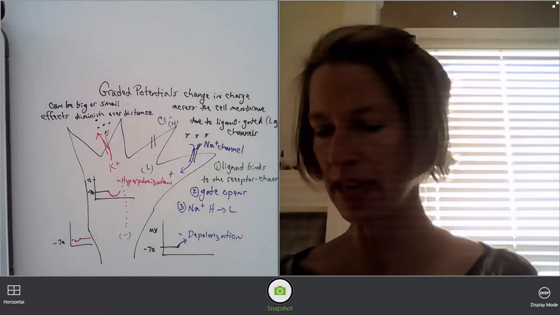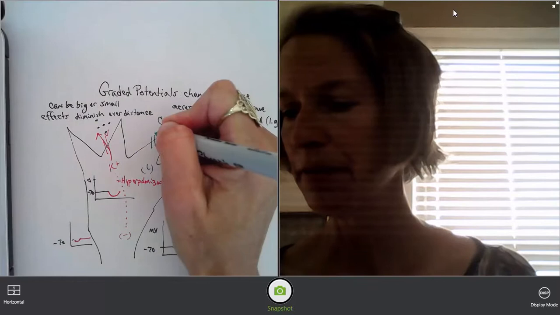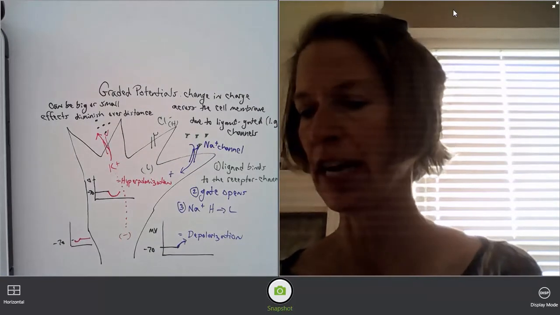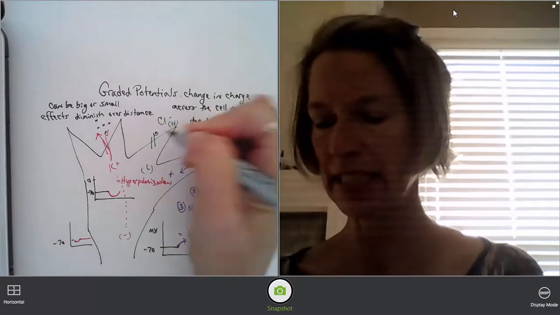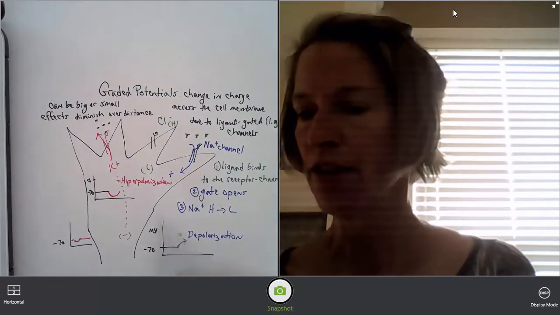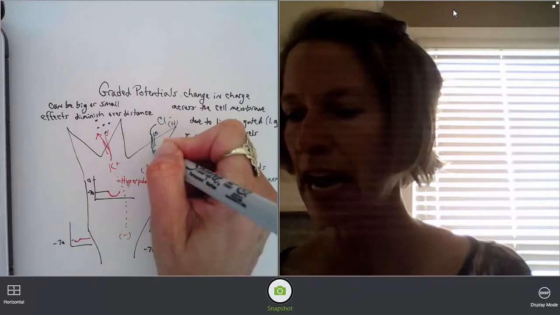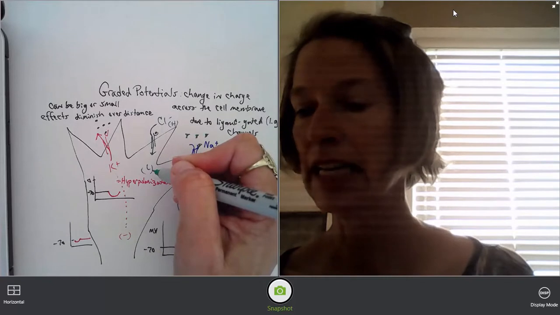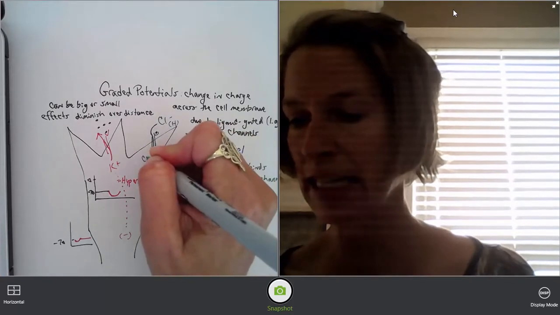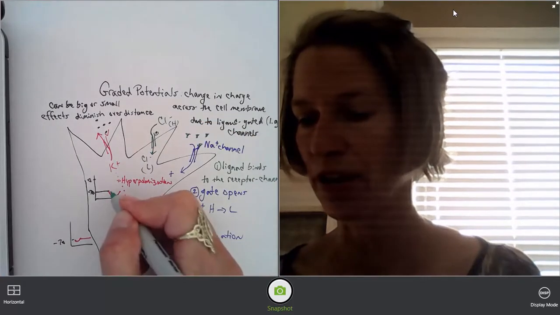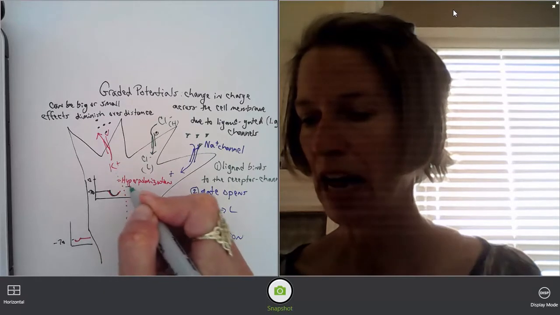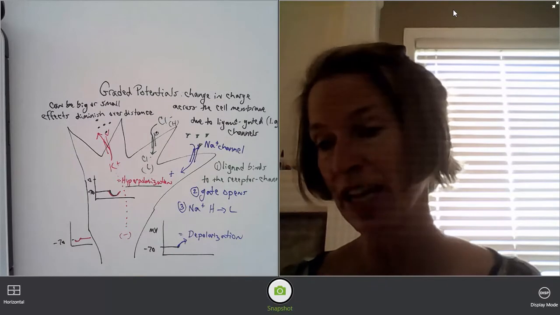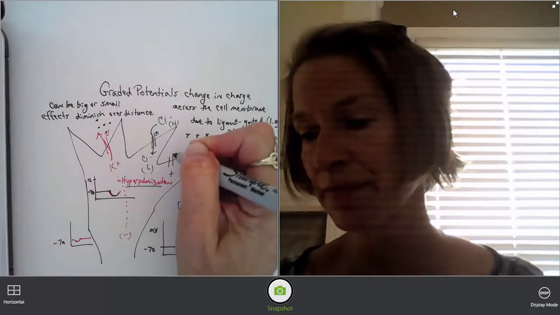And when the ligand binds to this channel and opens the chloride channel, it means that chloride is going to flow from high to low down its concentration gradient, making the inside more negative because chloride is a negatively charged particle. So that's also going to be hyperpolarization.